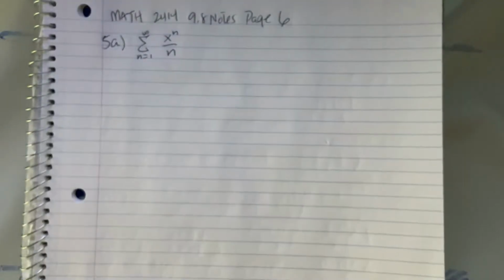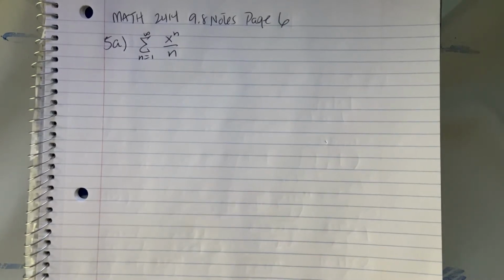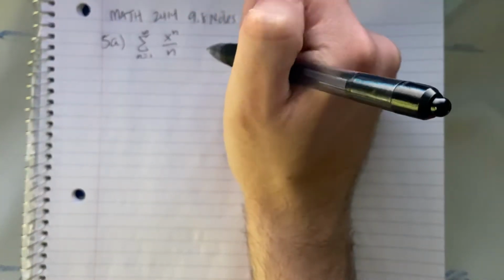We'll start with the first one before we take the integral or the derivative. I believe we've done this one already. In fact, I think it's the first one from A from page 4. So it's A from the last video.